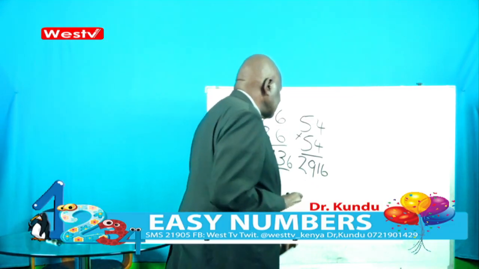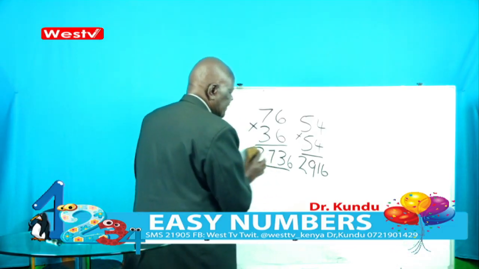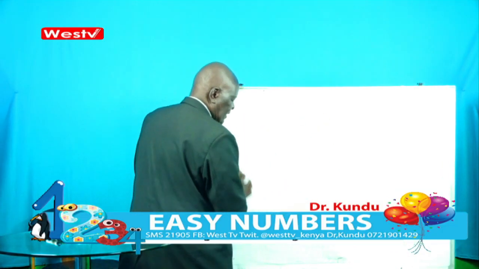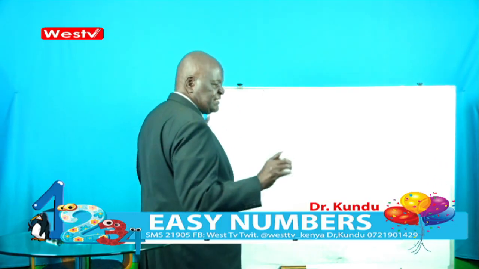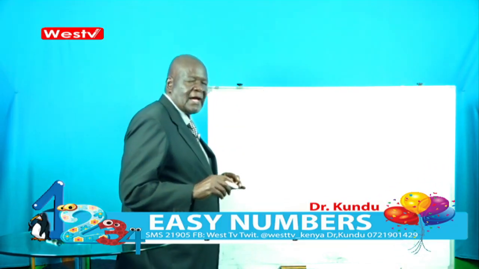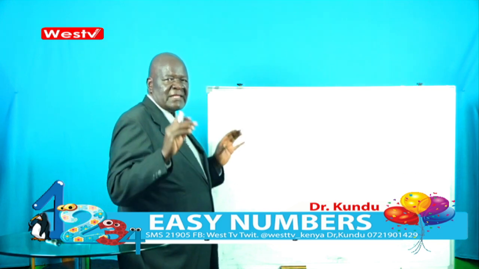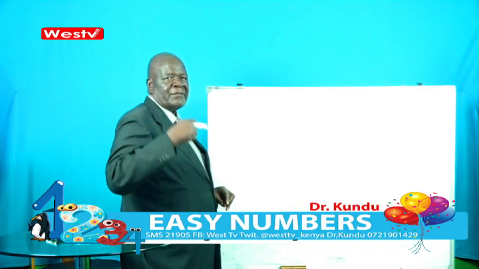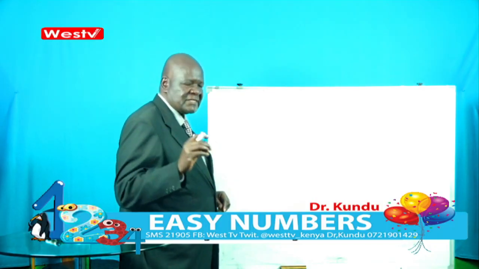Now, numbers whose left adds to 10 and the right is same. In other words, numbers whose tens digits add to 10 and the ones digits are same.